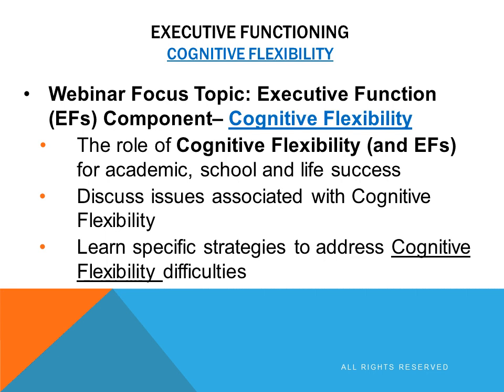So what we're going to be doing, we're going to be talking about issues associated with cognitive flexibility, and what are some strategies that you can apply if there are some cognitive difficulties that your students are experiencing.